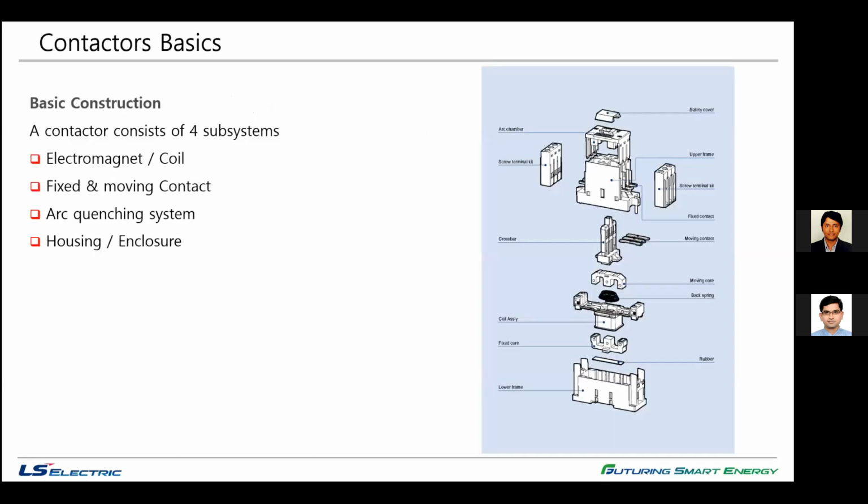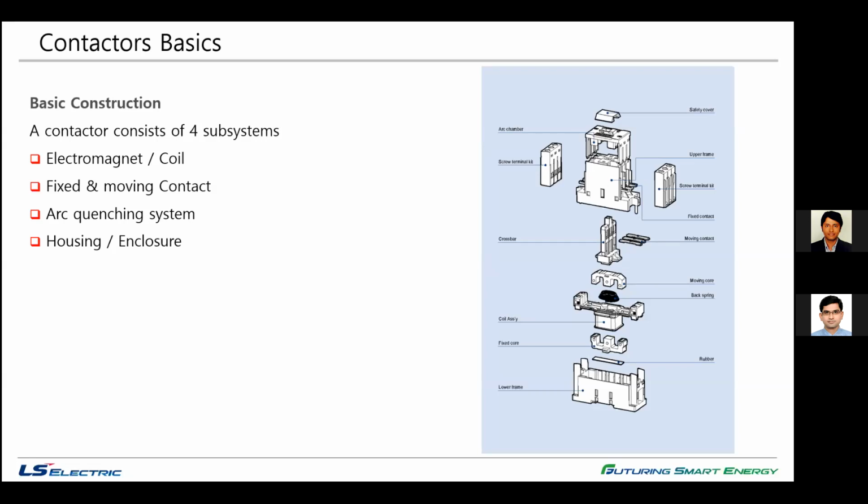Now we talk about the construction. It consists of 4 major parts: electromagnet, which is the coil, fixed and moving contacts, arc quenching system, and housing. The coil is the most crucial component of the contactor. The driving force that is required to close the contacts is provided by the coil.